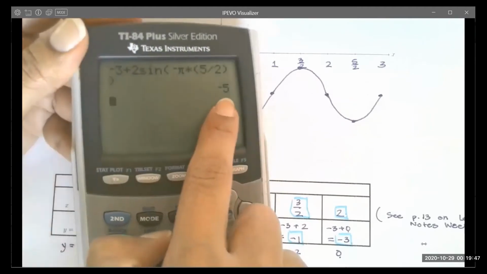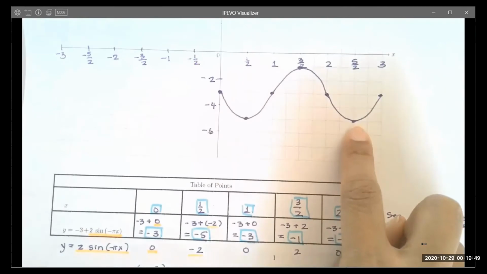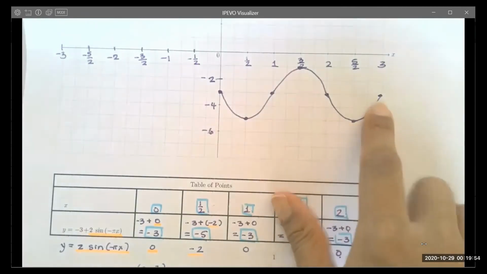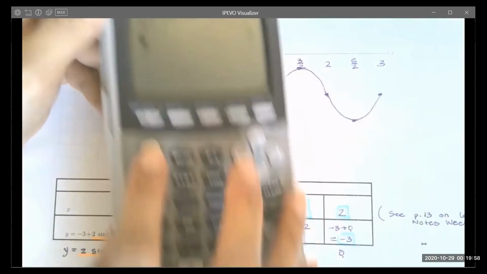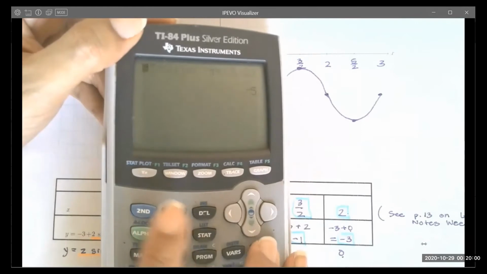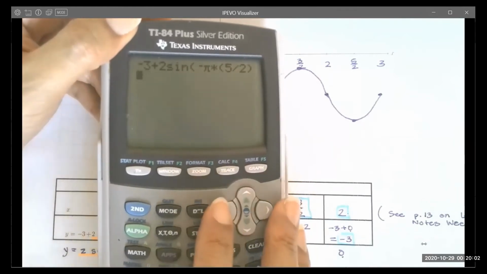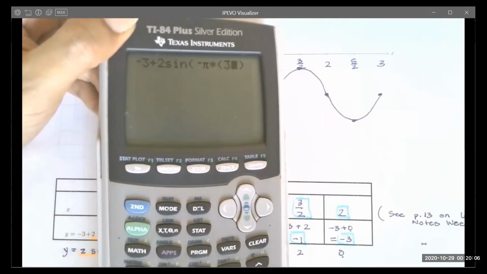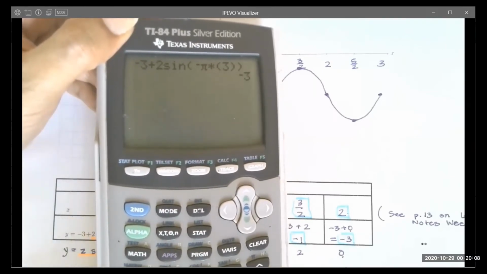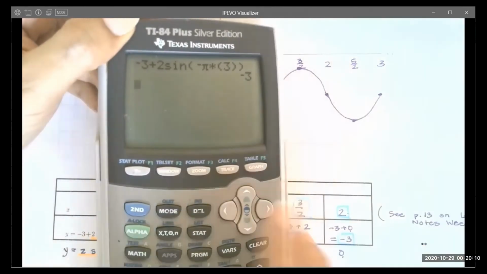So we do get the negative 5, which is what we've plotted at this point. And then to verify that at 3 we come back up to negative 3, we can, again, punch it into the calculator. So now instead of 5/2, we're going to have a 3. And we get that negative 3 that we plotted.